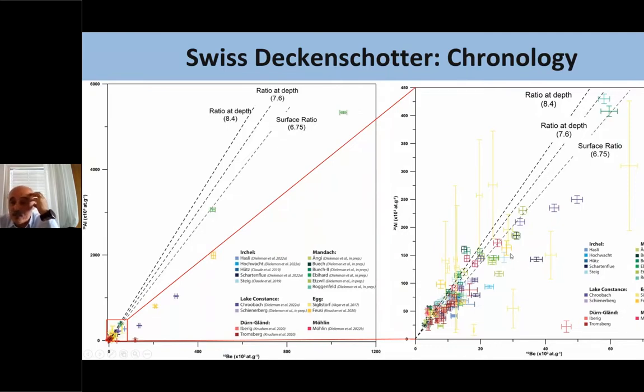So in these 10 years, what we did is we strongly improved our analytics to isolate the aluminum-26. And in addition, our colleagues at ETH Zurich in physics have a new machine called Milea, where we can measure really low concentrations with low uncertainties.